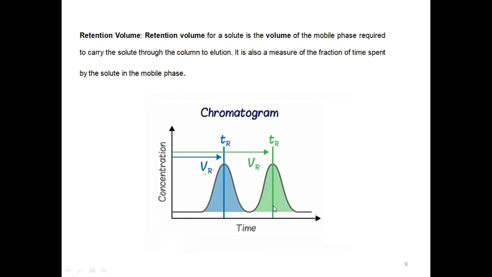That means we have to make use of a particular solvent system and a particular measure of the solvent system so that they will start moving. Retention volume is nothing but what amount or what concentration of the solvent is required so that my solute will start moving with a certain given time. So this is how we speak about the retention volume.